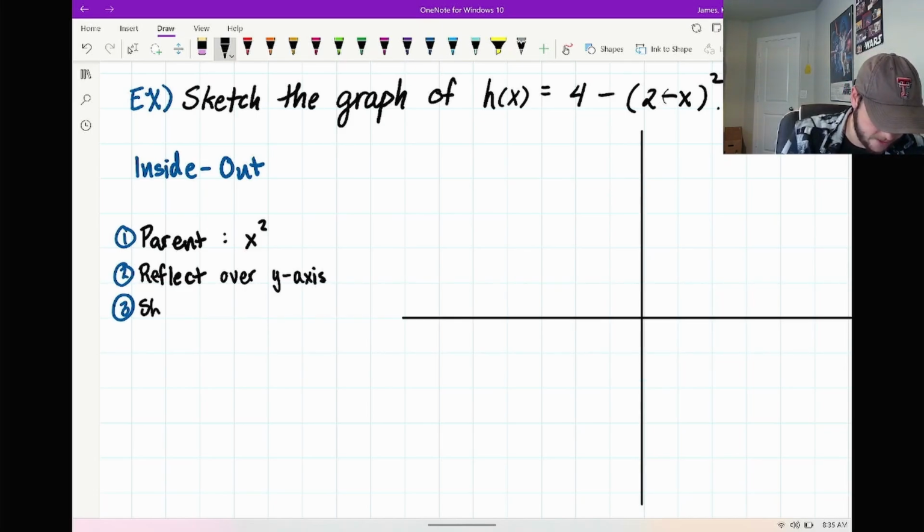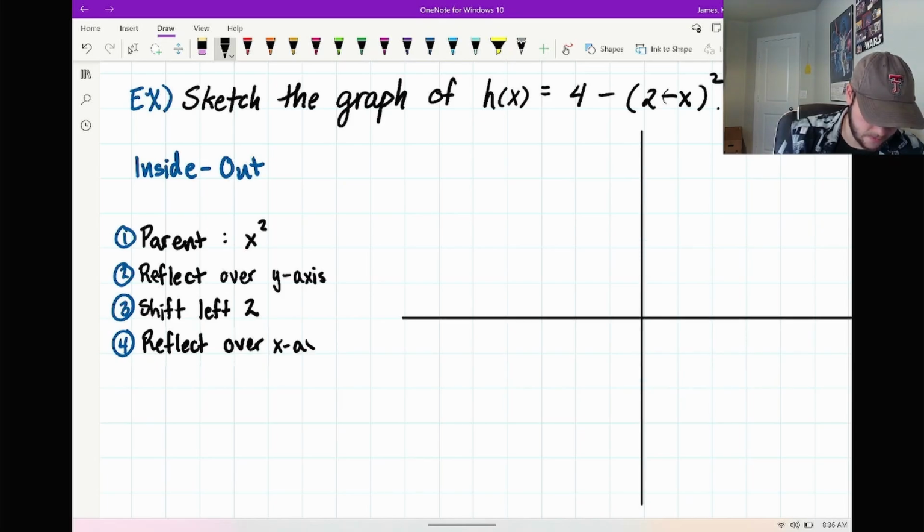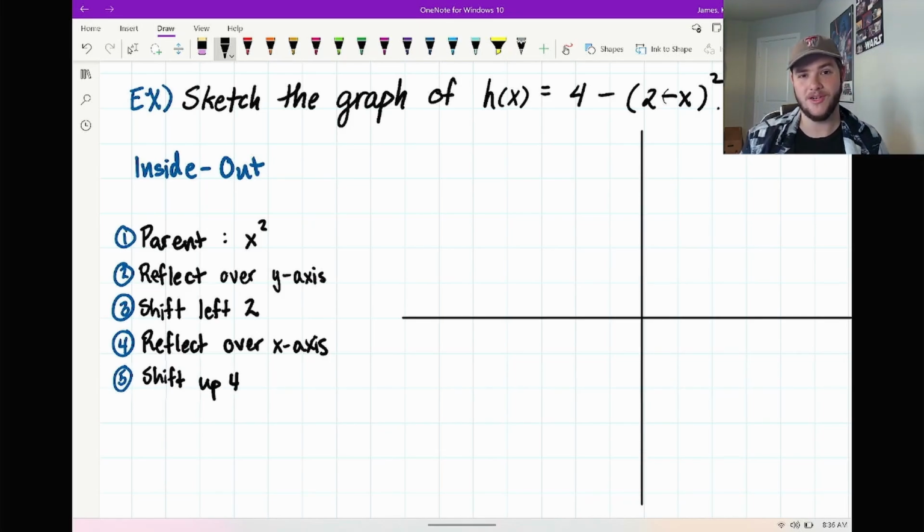So I want to shift, again, for the horizontal ones, it's backwards, so I want to shift left 2. Then I've got this minus sign, so I want to reflect over the x-axis. And then last but not least, all the way on the outside, I've got this 4, so I want to shift up 4. Go ahead and pause the video here to see if you can sketch the graph.